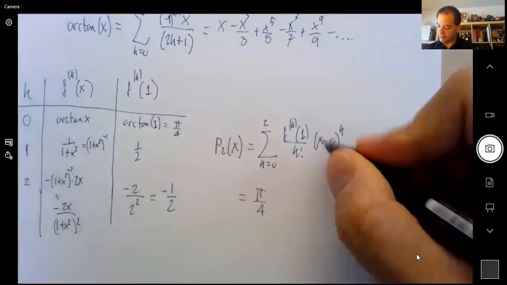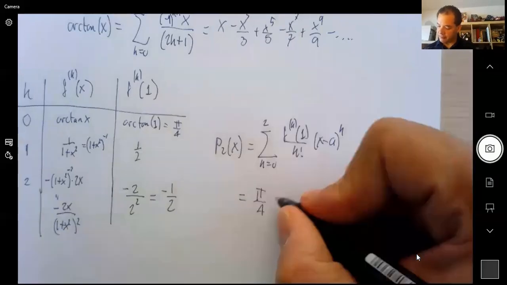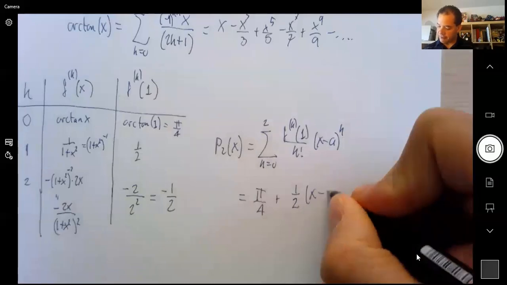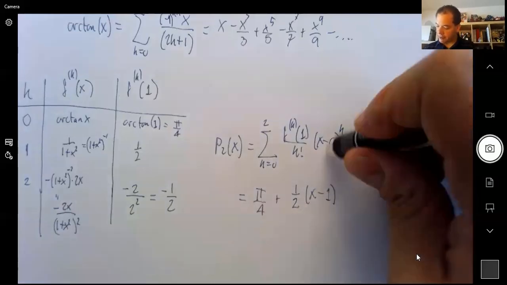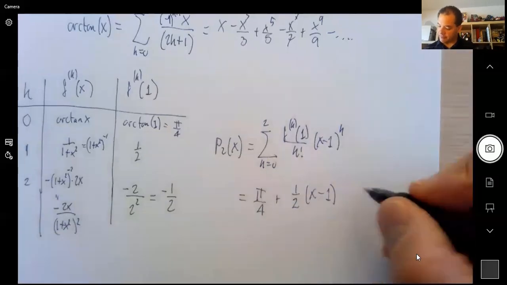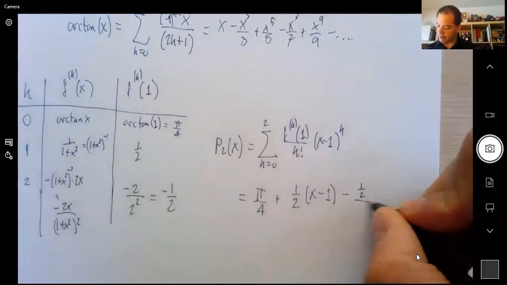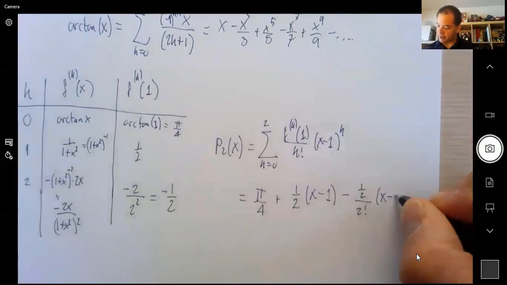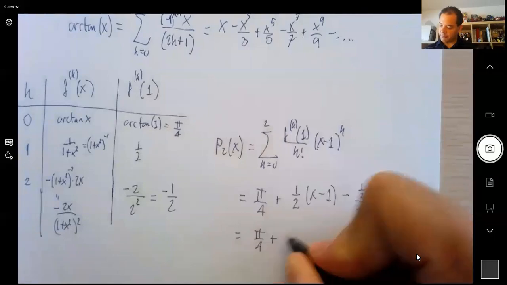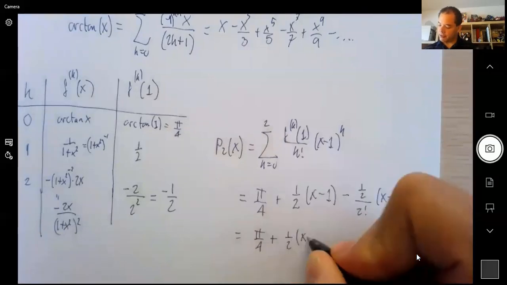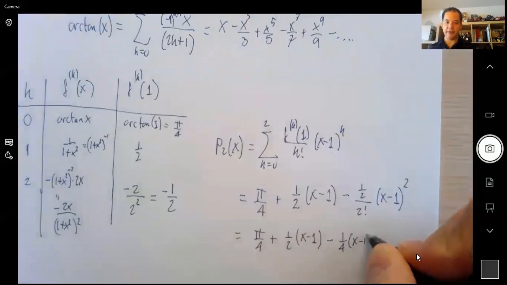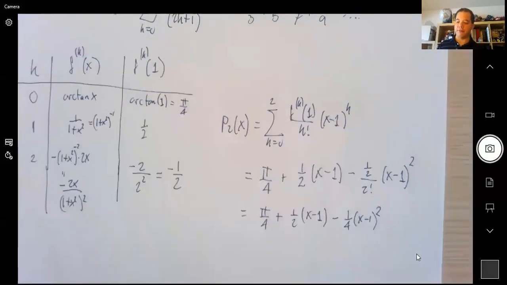Then the first derivative is 1/2, so it's 1/2 times x minus 1. We know that a is 1, so we put it in here. And the last term is -1/2 over 2 factorial, times x minus 1 squared. So altogether, this is pi over 4 plus 1/2 of x minus 1 minus 1/4 of x minus 1 squared. And that's the answer to the first part.